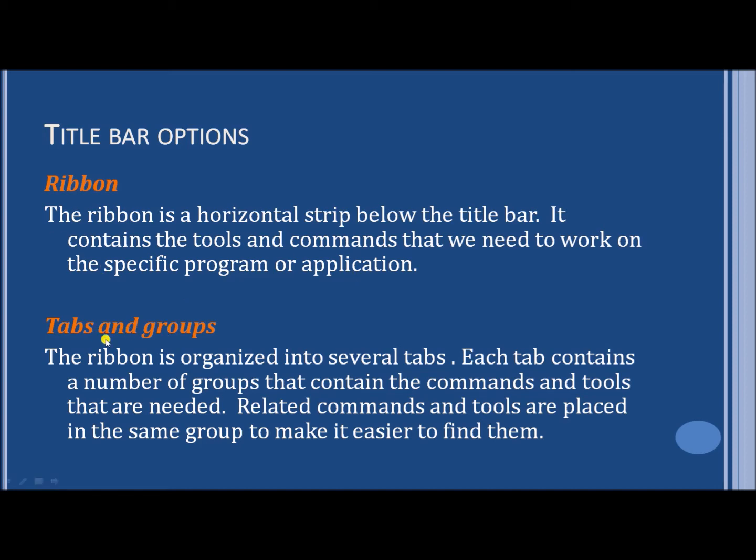Tabs and groups. The ribbon is organized into several tabs. The ribbon basically consists of different tabs, and each tab is a menu in which various options are available to select from. Each tab contains a number of groups that contain the commands and tools that are needed. Related commands and tools are placed in the same group, and different commands are placed in different groups to make it easier for us to find them.